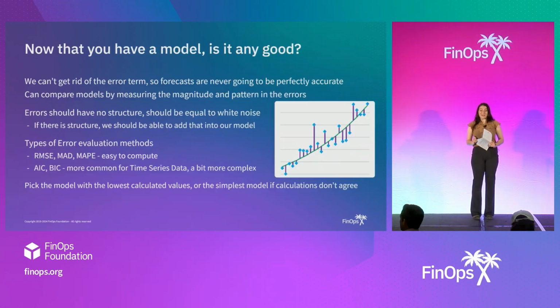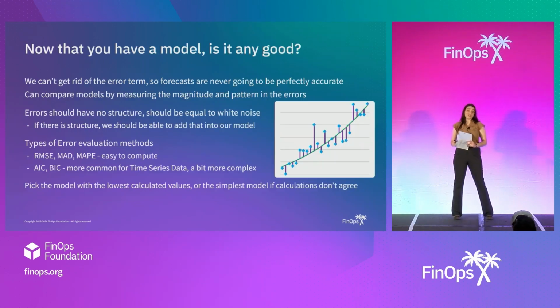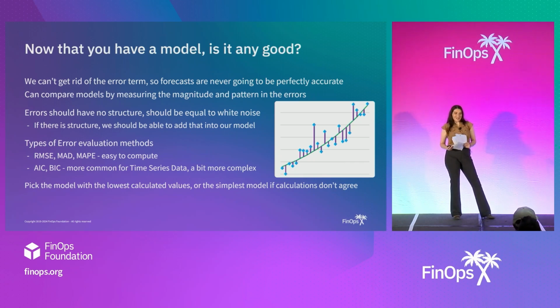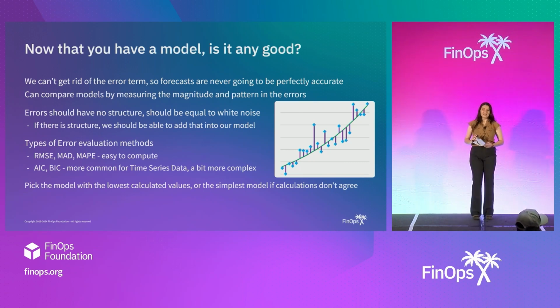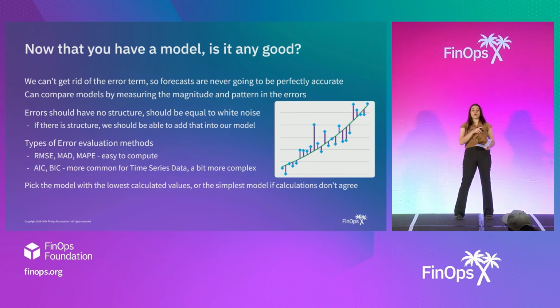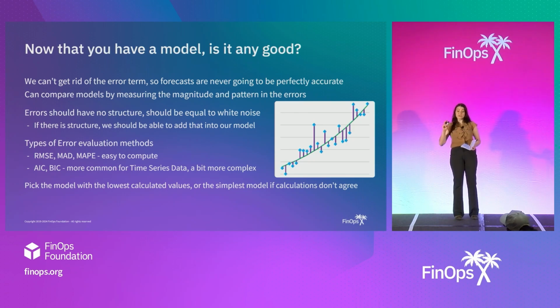Okay, so now that we have our model, is it any good? So how do we actually get the accuracy that we want out of it? So we can't get rid of that error term, and that error term is actually represented in this chart. So we have our data points as the blue diamonds, our model as the green line, and then the residuals, the errors that we want to track, are those purple bars.